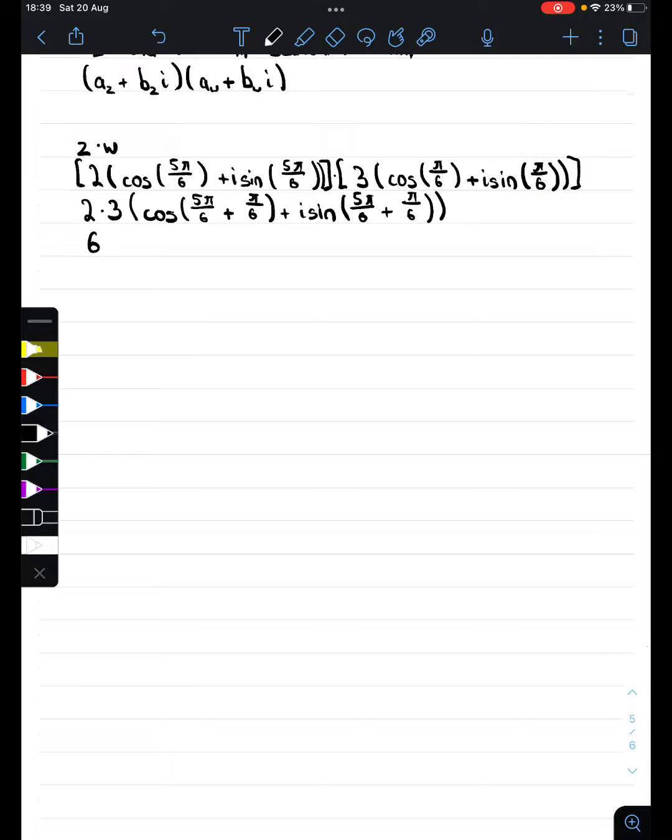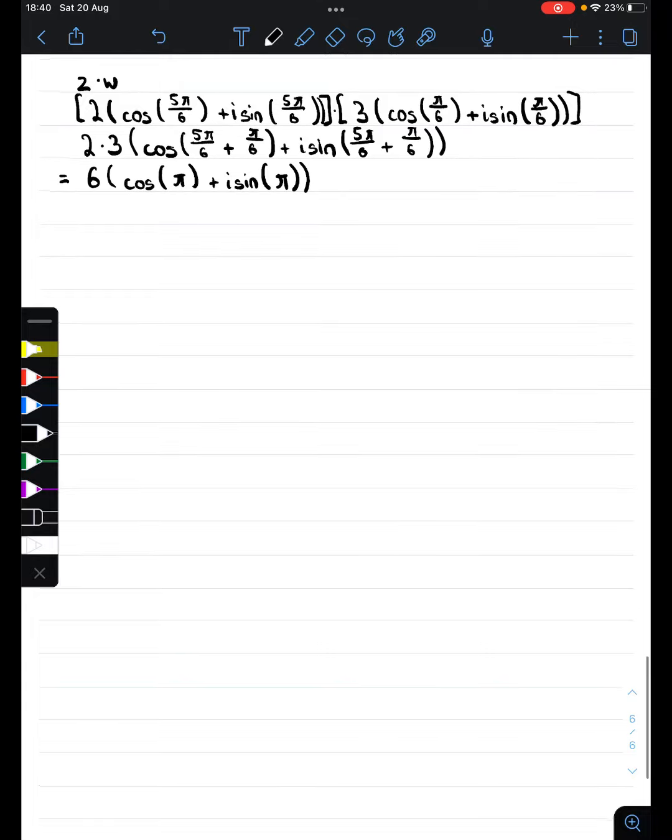So this would just be 6 times cosine pi plus i sine pi, which is just 6 times minus 1 plus i times 0.